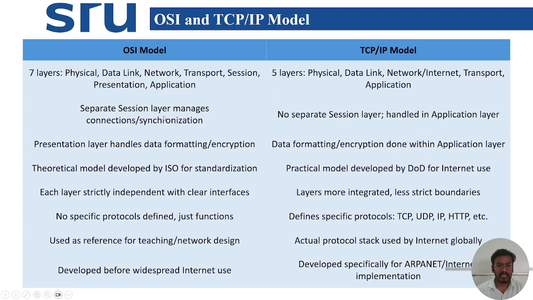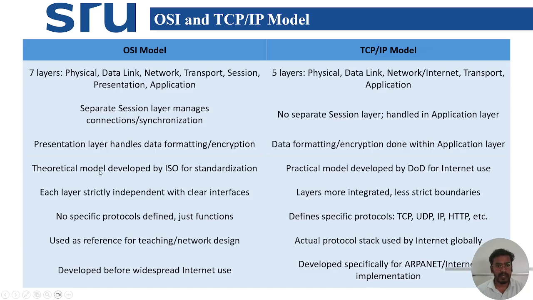OSI separates the session layer, which manages connections and synchronization, whereas the TCP model has no separate session layer and handles it in the application layer. In the OSI model, the presentation layer handles data formatting and encryption, whereas in the TCP model, data formatting and encryption are done in the application layer only.